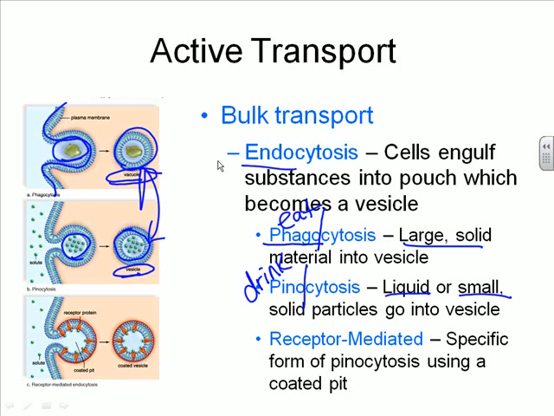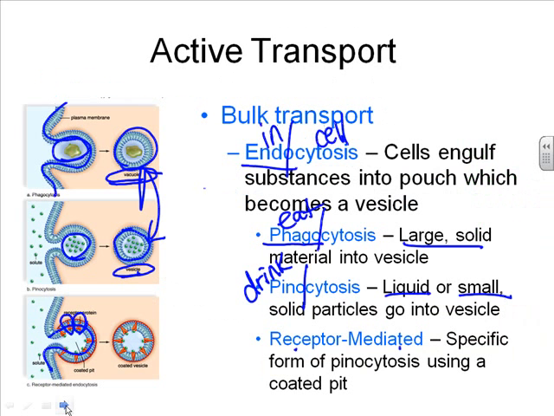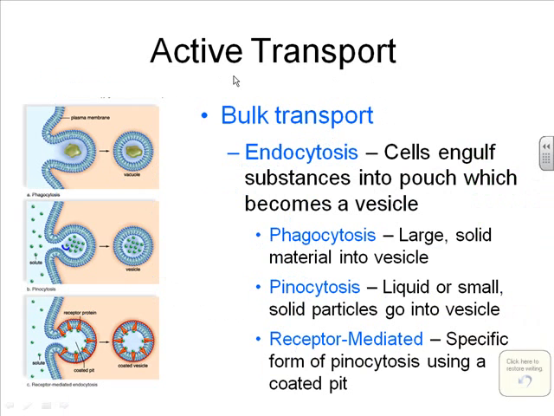There is a third form of bringing material into a cell, and it is called receptor-mediated endocytosis. Now, it is pinocytosis, but it's a specific kind where our little pit that we're going to bring things in has receptors, and instead of just randomly bringing in material like we saw here, instead of just bringing in these little random dots, we're going to specifically only bring in not only materials that fit the receptor, but only the number of materials for the number of receptors we have.